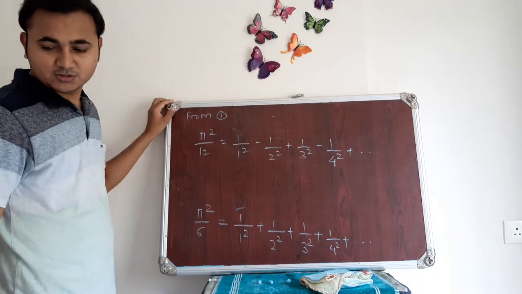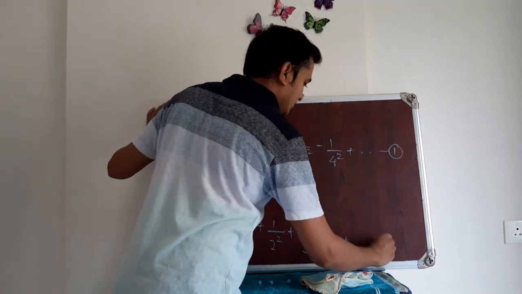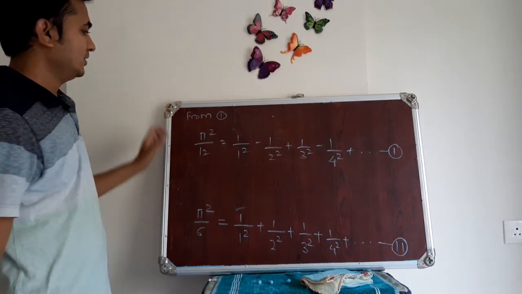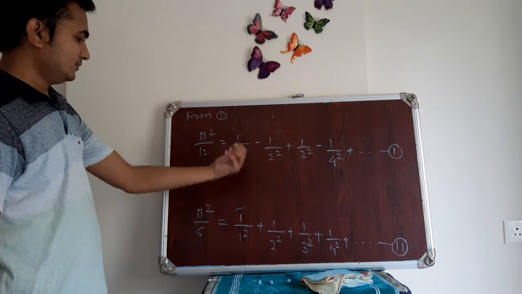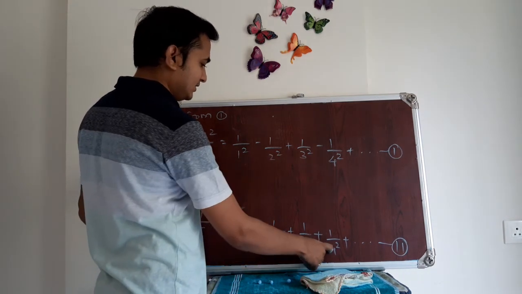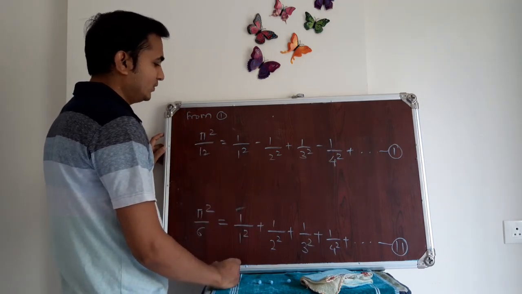This was our first deduction and this is the second we have derived. If you add them, what will you get? This and this term will get cancelled. This and this term will get cancelled. So adding 1 and 2.